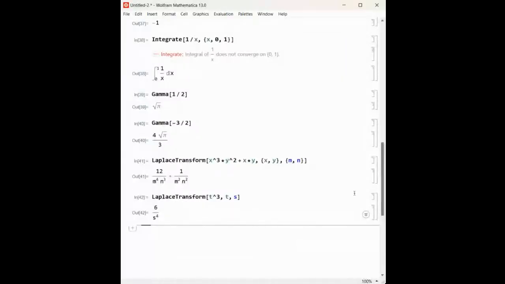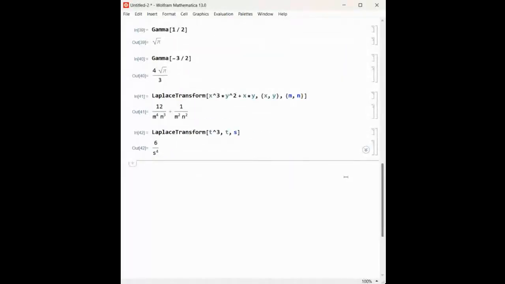So I have a plot. If we want to plot a single function, for example, I have x cubed plus 2x minus 1.